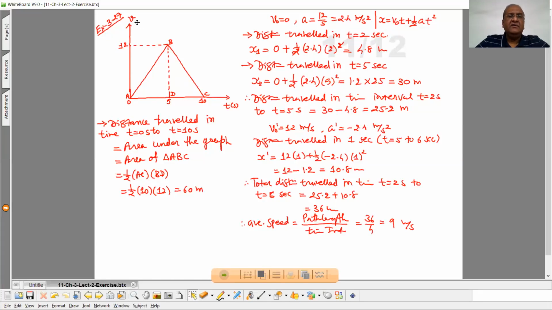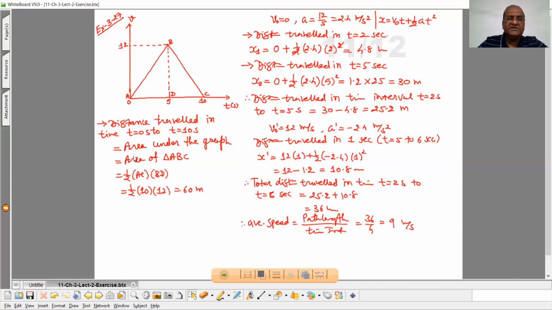Say, velocity time graph. For that we already discussed that the area under the graph will give you the distance traveled. So the distance traveled in time 0 to 10 seconds: for this particular graph, for 0 to 10 seconds, we have to find the area under the graph with respect to the time axis.